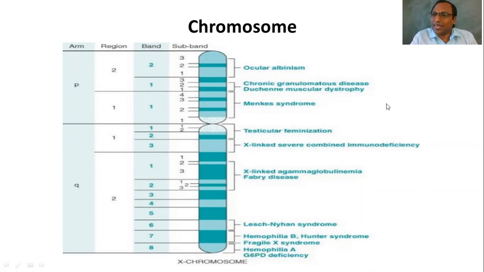These are the different kinds of diseases, syndromes, or disorders which can occur in a particular chromosome.